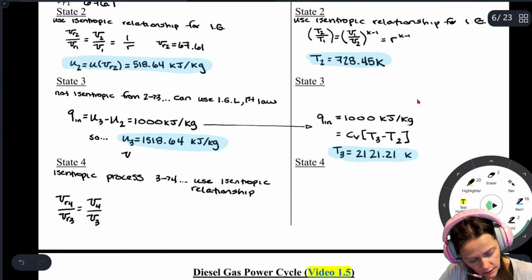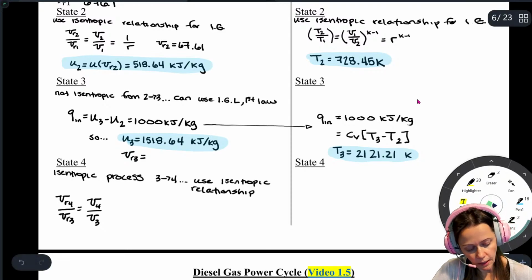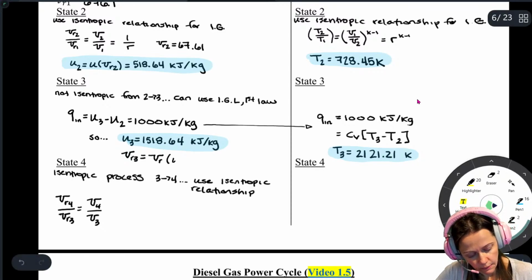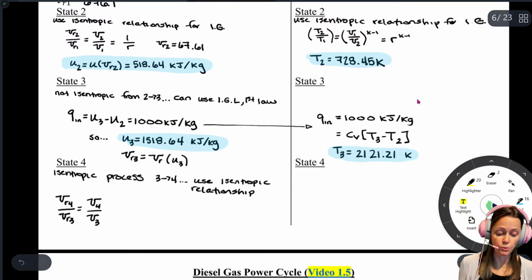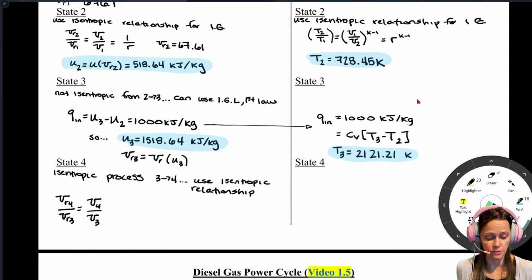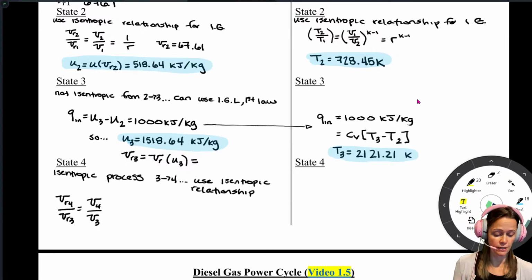Well, I didn't write down VR3, but I do actually have enough information because I can pull that off. This would be the relative specific volume corresponding to that U3 of 1518.64 kilojoules per kilogram. So let's go look at our ideal air tables and find where that is.